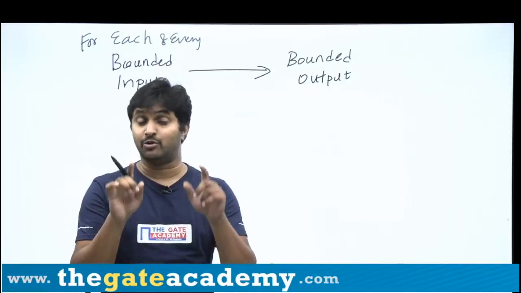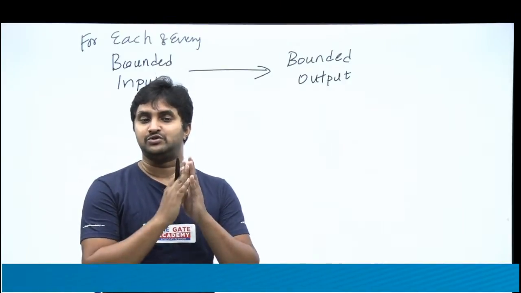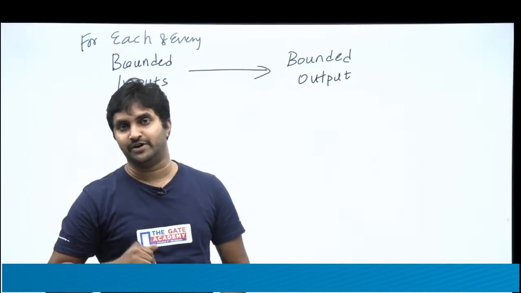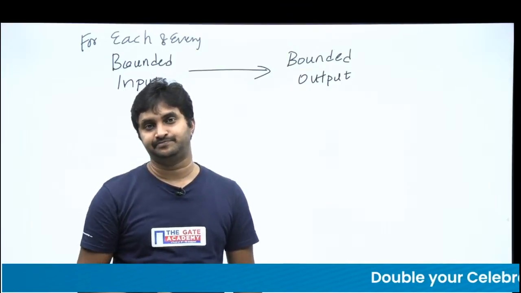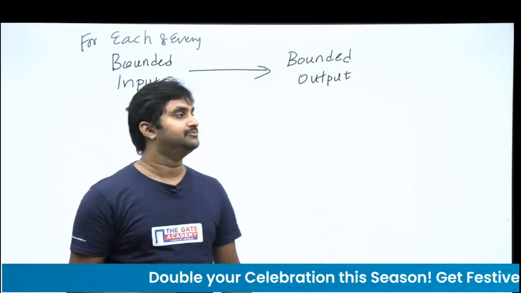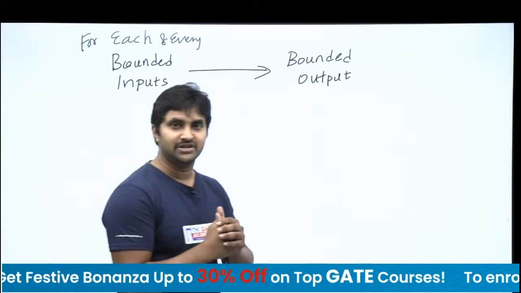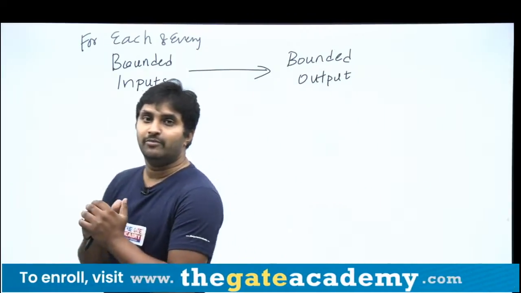Then we call the system a stable system. It is not for one input, it is not for two inputs. For each and every bounded input, the output has to be bounded in nature. Then only you can call it a stable system. Is that clear, all my dear students? Yes or no?